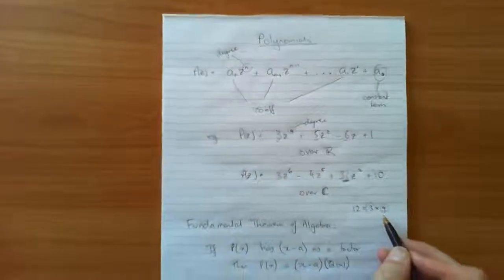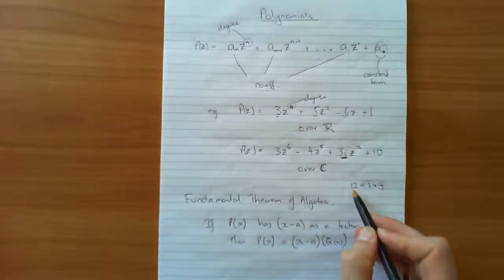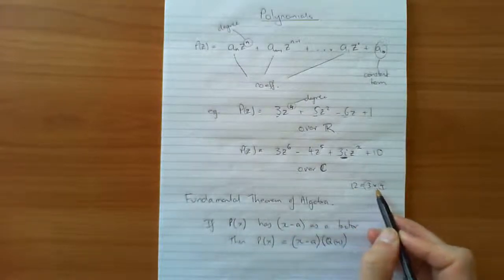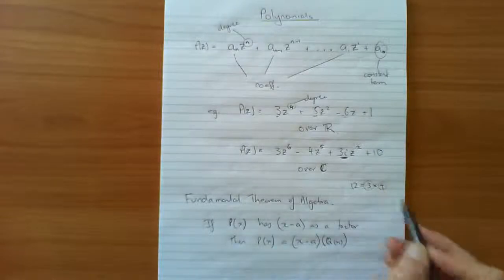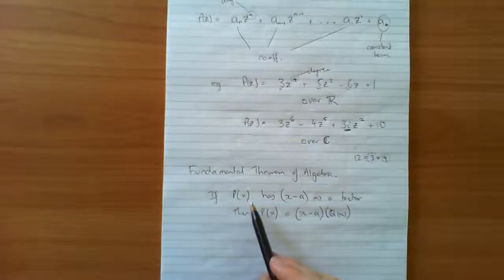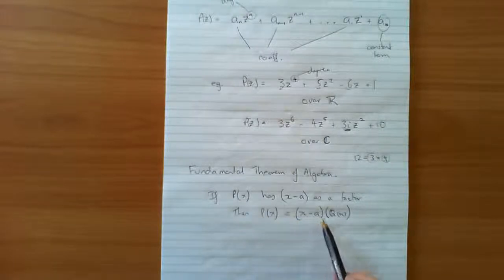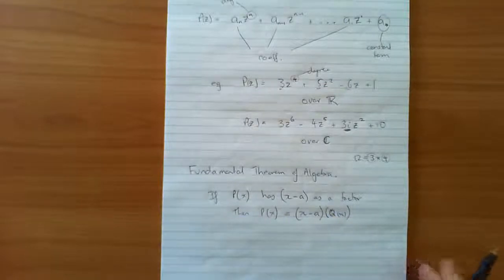That's what factors are. 3 is a factor of 12 because 12 can be written as 3 times something else. So this is an important point to understand. If x minus a is a factor of p(x), then p(x) can be written as x minus a times something, and that something could be some other polynomial, and I've just called it q.